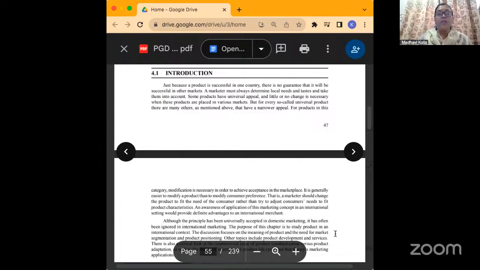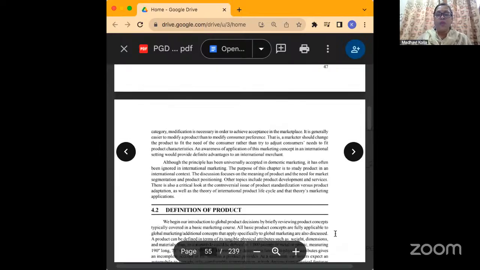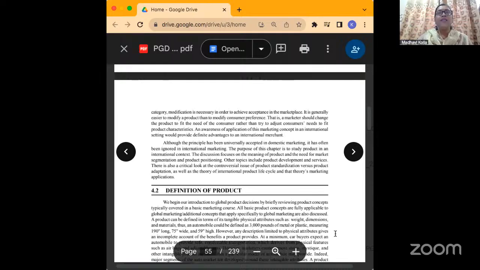We'll also be talking about the product life cycle and whether it is different from what we have observed in a domestic setup. Any product offered in the domestic market will not be equally successful if we serve it on the same platter that we are serving locally.